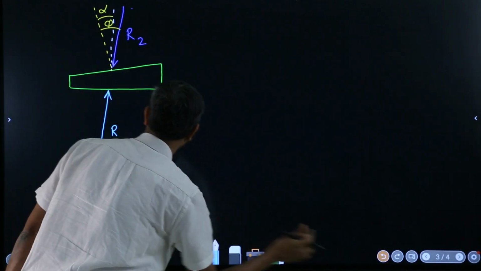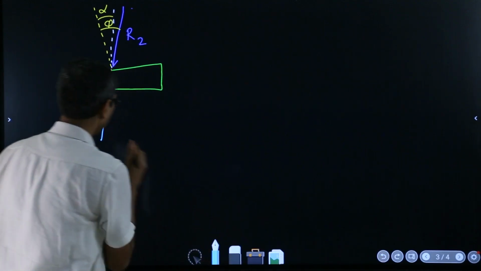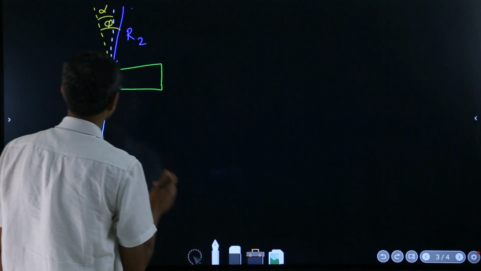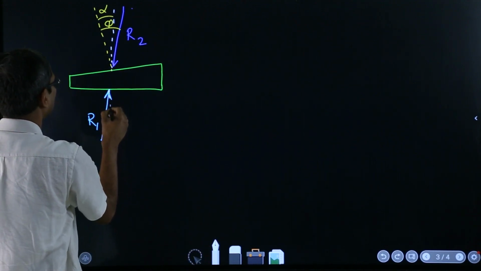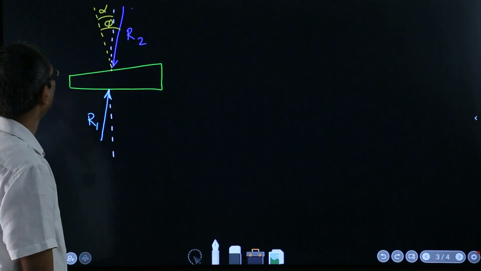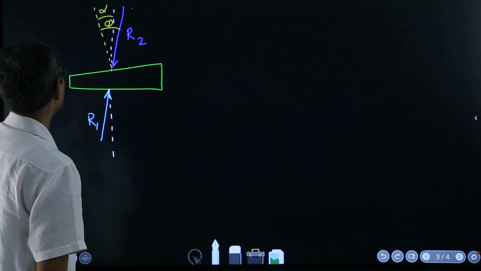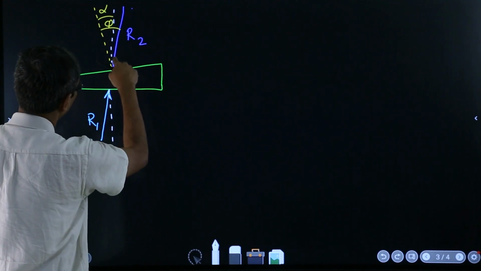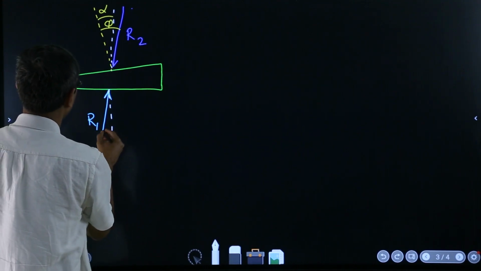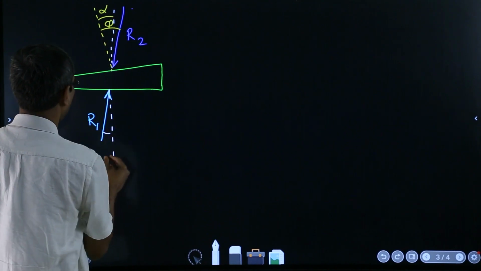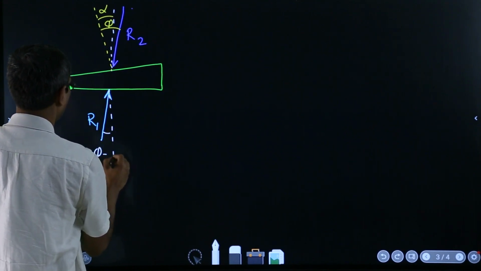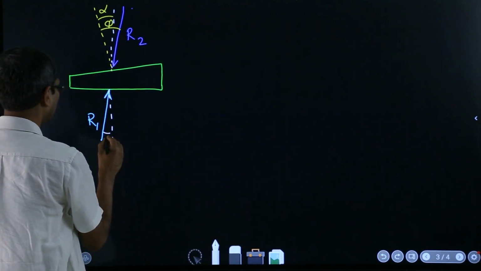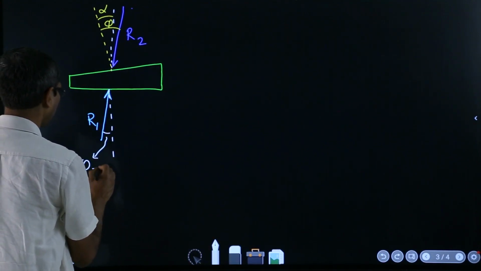I should write it here so that I can draw the perpendiculars. So this angle will be how much? This is phi minus alpha, isn't it? So this angle will be phi minus alpha.